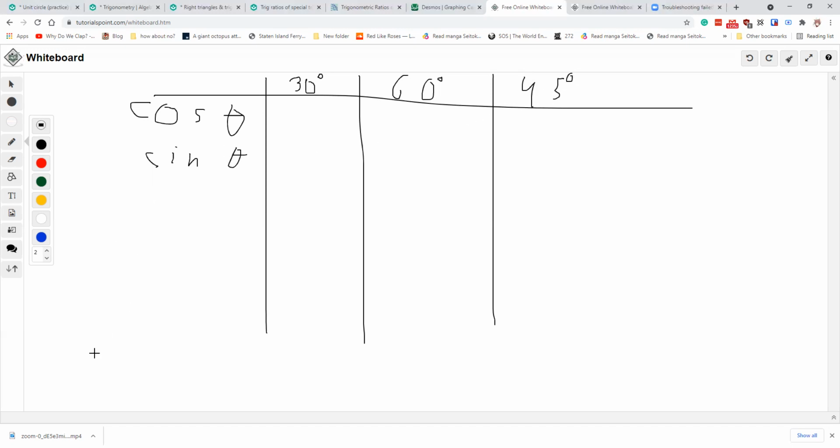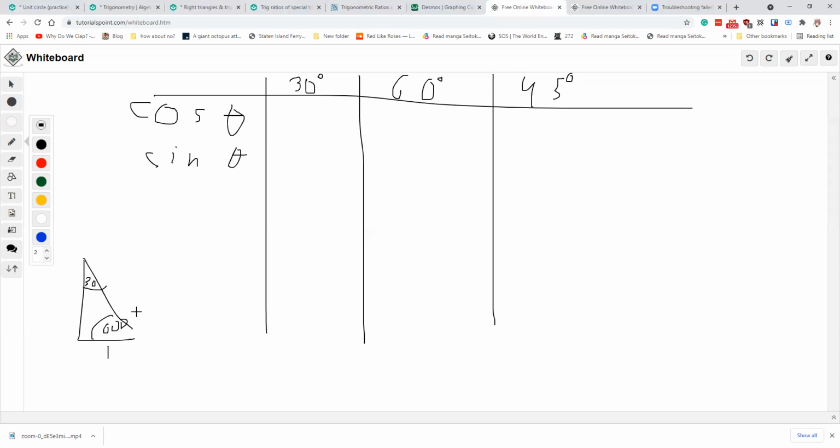So let's think of the actual triangles for a second. If you think of the triangles, then for 30, 60, what do you get? Remember that, and let's go ahead and set x equal to 1 for convenience because the ratios will stay the same no matter what. Then what do you get?